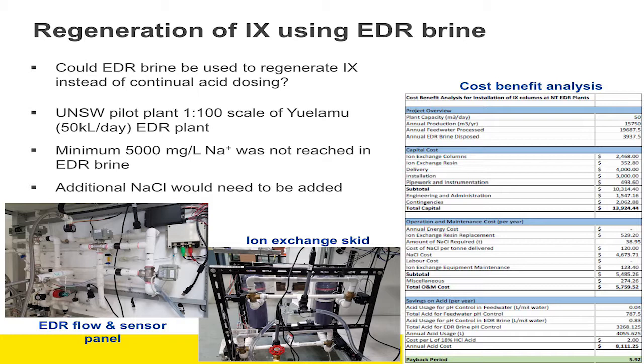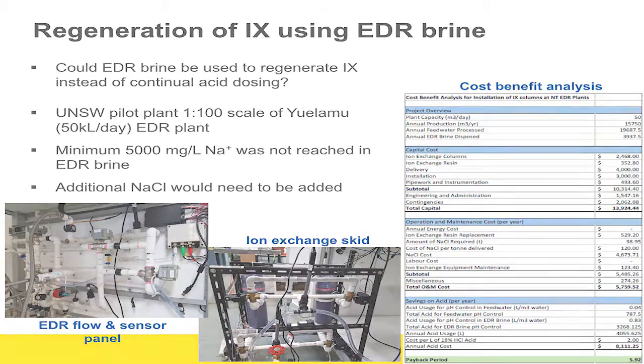Although the cost benefit worked out slightly positive, it was marginal. We could never reach the 5,000 milligrams per litre of sodium required to fully regenerate that IX resin, and so additional sodium chloride would need to be brought in. So it's not an avenue we're actively pursuing at this stage unless some breakthrough can be made.